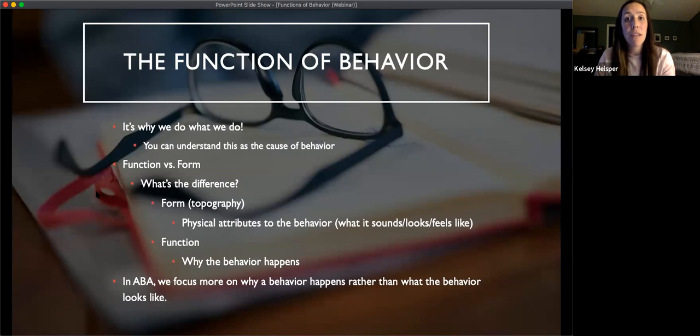And while those are really important to identify and look at, really we try to focus on the function, because the function is going to help us to change the behavior and give a replacement behavior for what we want to happen next. So the function is obviously why the behavior happens. So in ABA, we focus more on why the behavior happens rather than what the behavior looks like, even though we do identify both of those things.